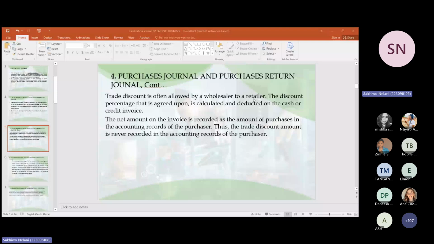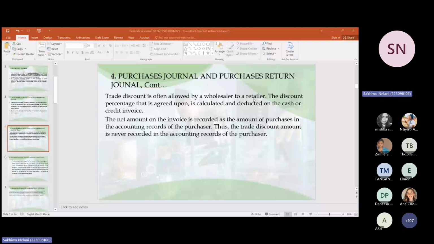So let me discount it. In essence, there's a loss. In accounting, we treat that difference as an expense. But if it's your suppliers that offer you a discount, you treat that as a benefit, as an income.